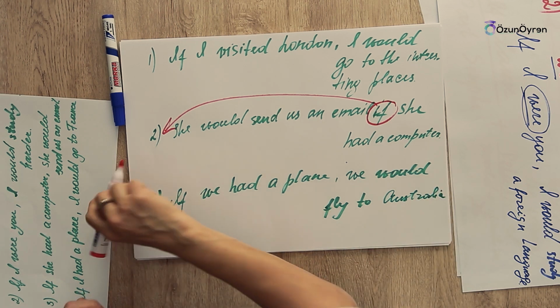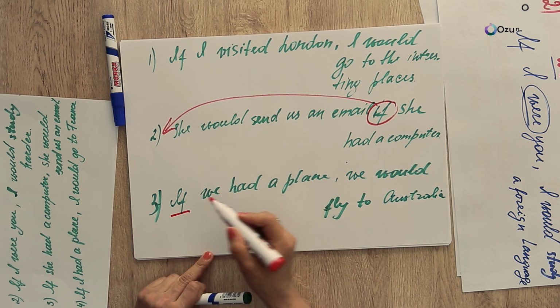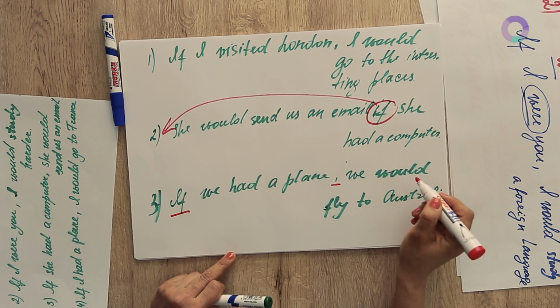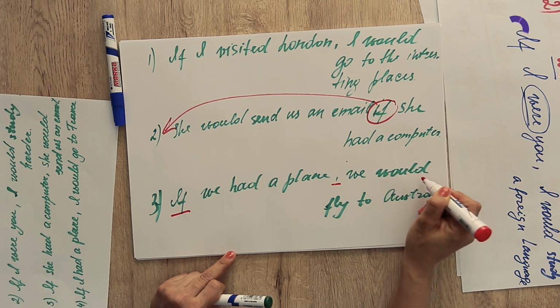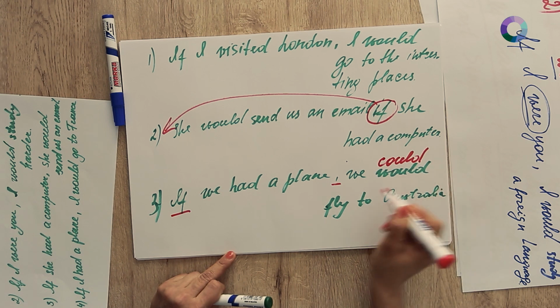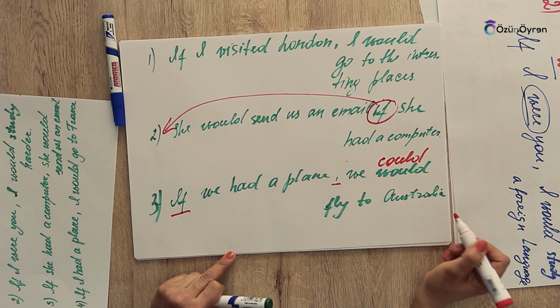So here if clause is in the first position and we write here comma. We also can use instead of would, could. If we had a plane, we could fly to Australia.